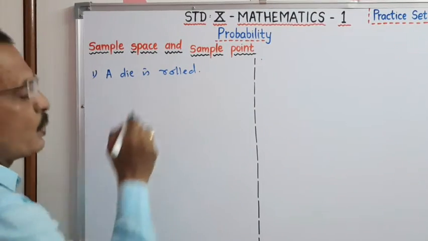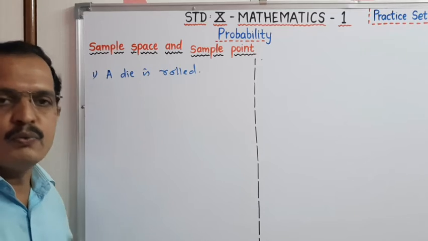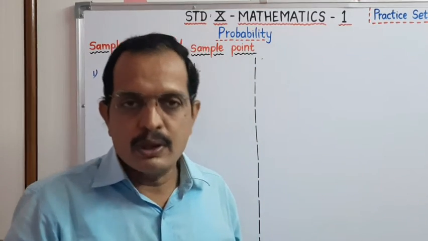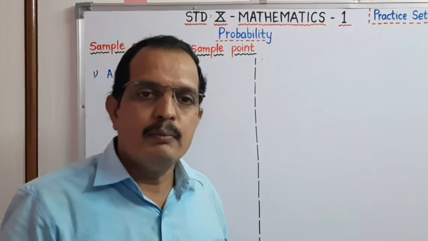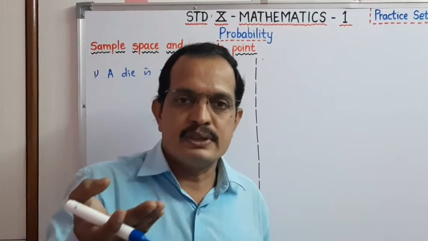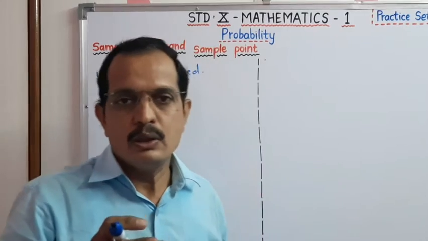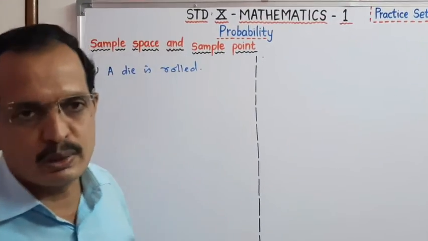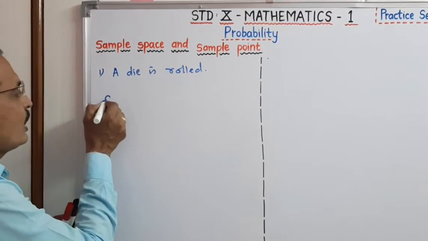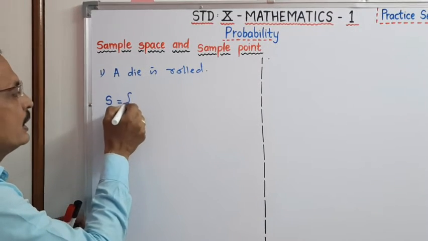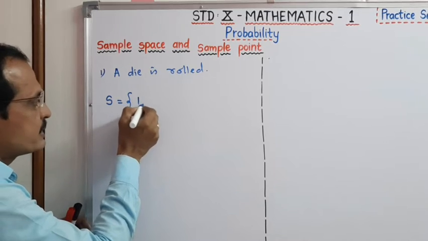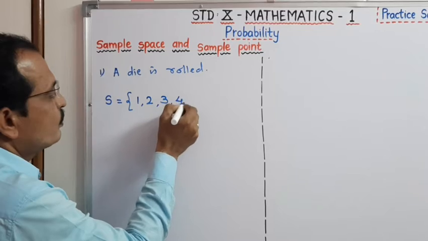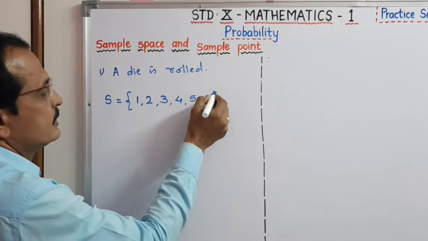A die is rolled. All of you know that there are a total of 6 surfaces. After completing the random experiment, the upper surface shows 1 dot, 2 dots or 3 dots. There are 6 surfaces, therefore 6 possibilities. So when a die is rolled, the upper surface may show 1, 2, 3, 4, 5 or 6.